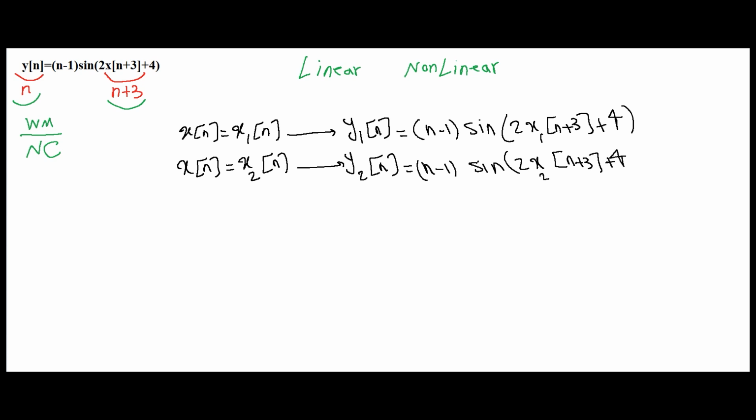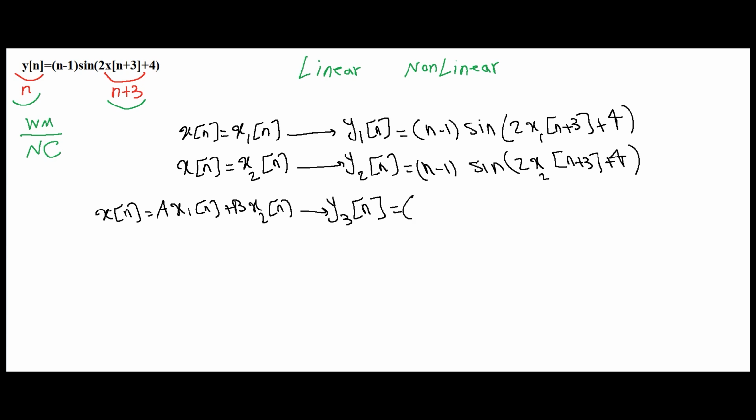In the next step, we replace x[n] with a x1[n] plus b x2[n], and we call the output y3[n]. To obtain y3[n], wherever we see x[n], we replace it with a x1[n] plus b x2[n].